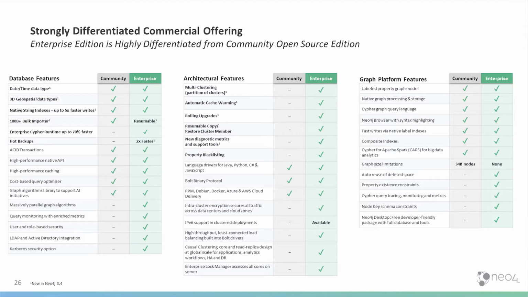Of course, we do have both open source and commercial products. This is my quick summary of the difference among them. The key is, the open source is for the developer characters who really want to see what's happening inside the graph and dive into the technology itself. We publish the code, we make that freely available to you. It's a great learning tool, a great way to understand the product itself.